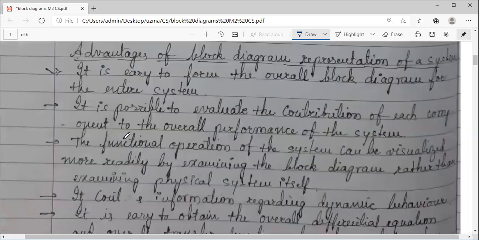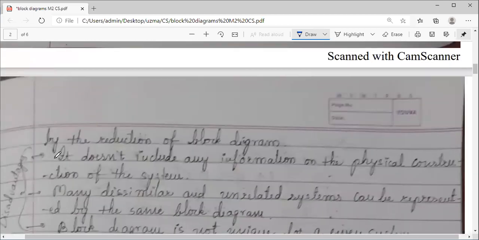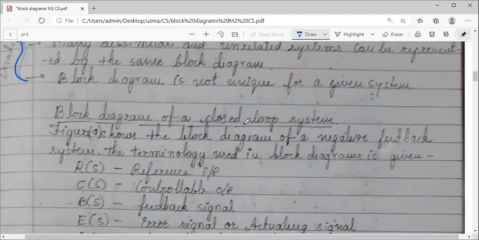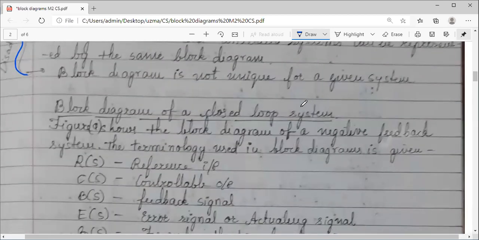We have even seen the advantages and some of the disadvantages, which may not be well connected. I cannot say disadvantages, but however there are some loopholes that I have written here. Now coming to the block diagram of a closed loop system. So what is a closed loop system and what is an open loop system? We have already discussed it in the first module during the previous sessions.